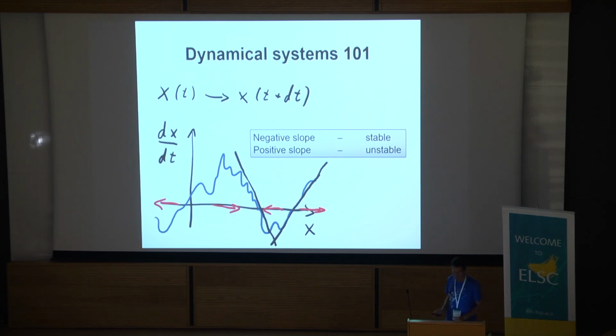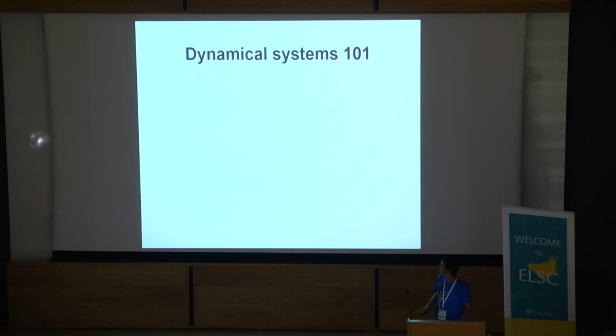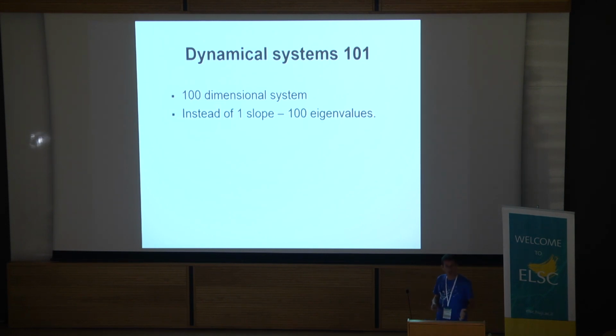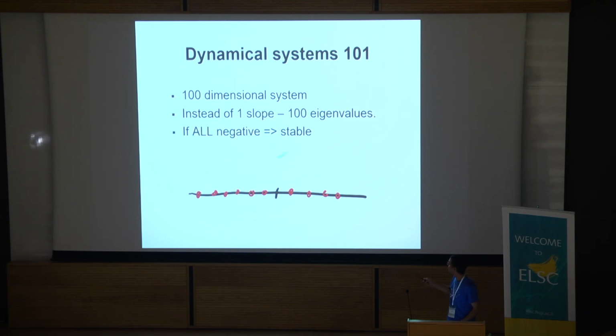Negative slope, stable. Positive slope, unstable. And that's it. Only problem, this is for a one-dimensional thing, and we think of high-dimensional systems. So if we have, let's say, a 100-dimensional system, like a neural network, then instead of having one slope, we now have 100 eigenvalues, which is the same, just in German. And then these will be, some positive, some negative. And if we want stability, again, we need negative.